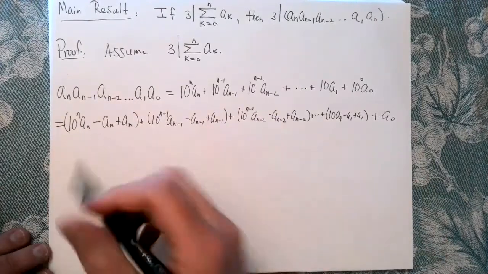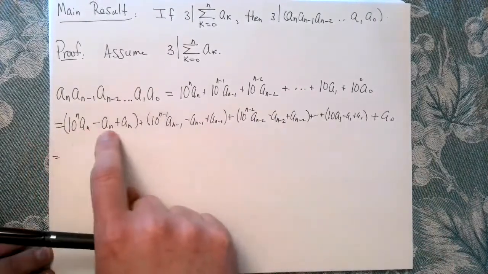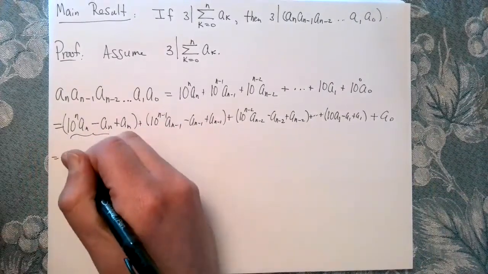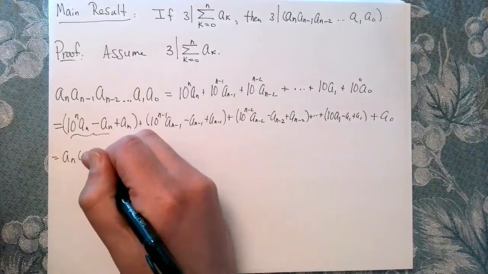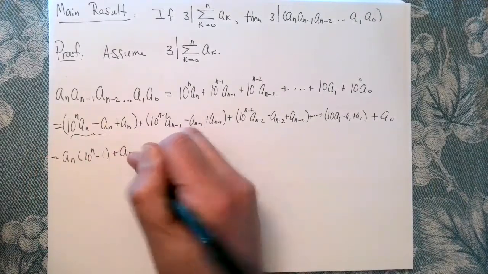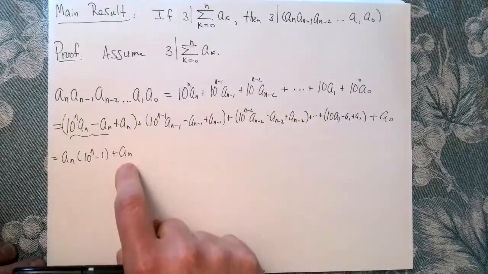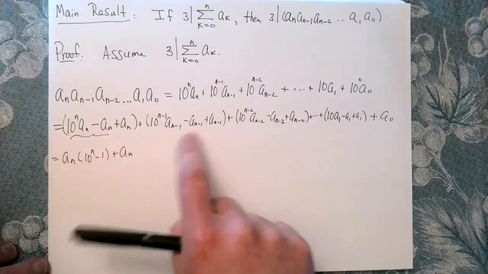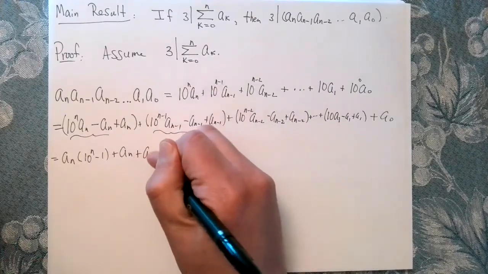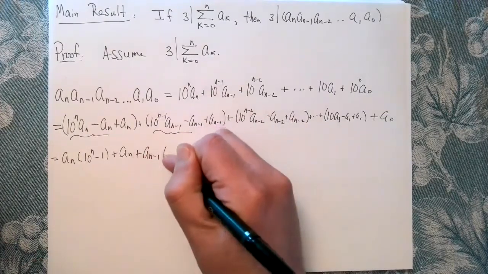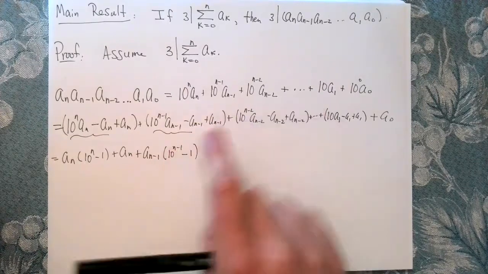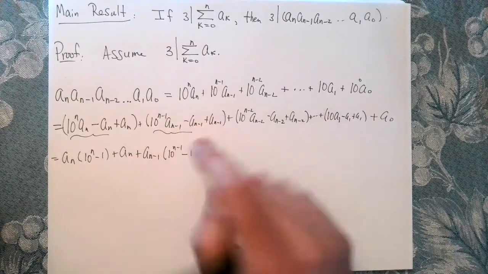And so now we're just going to start to factor. For these two terms specifically, I'm going to factor out an a_n. And notice I get 10 to the n minus 1. That's really nice. And then this can just hang out for a bit. We're going to play the same game here. Let's factor out a sub n minus 1. We've got 10 to the n minus 1 minus 1. That's from here, and then this term can just hang out.